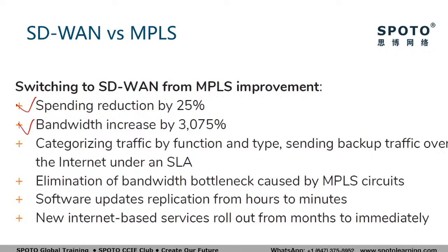The second is the bandwidth. Internet circuits nowadays are much faster than the MPLS circuits. Categorizing traffic by function and type, sending backup traffic over the internet under an SLA. This is a common practice.